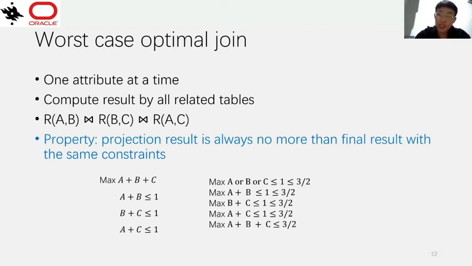So the correct way to do it is to join one attribute at a time, computing all related tables at the same time. A very important property supporting this is that the projection result is always no more than the final result with the same constraint. So apparently the projection cannot make the result larger.